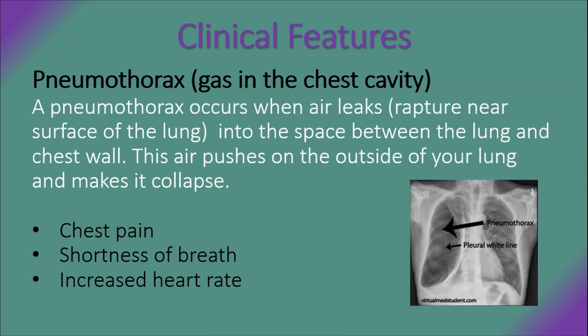Some clinical symptoms might include chest pain, shortness of breath, and increased heart rate, and this case requires urgent medical attention. In some cases, a minor pneumothorax, for example less than 25% lung collapse, might be treated by breathing 100% oxygen. Okay, next.